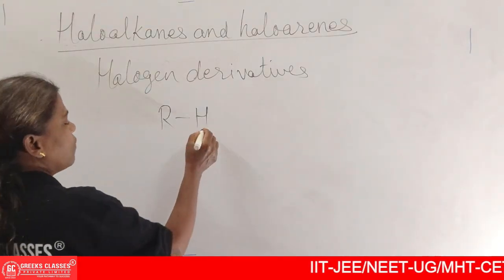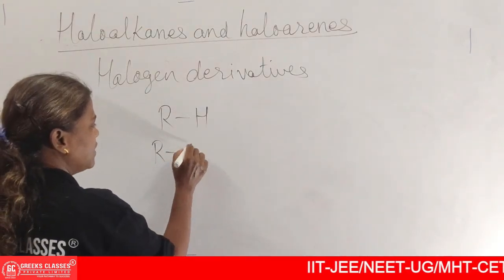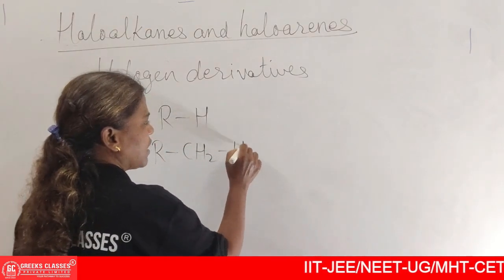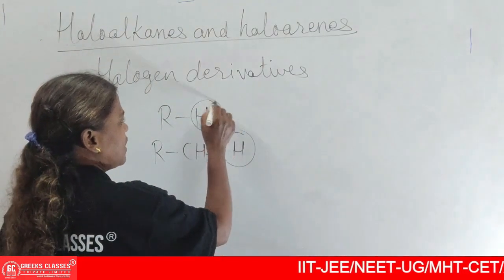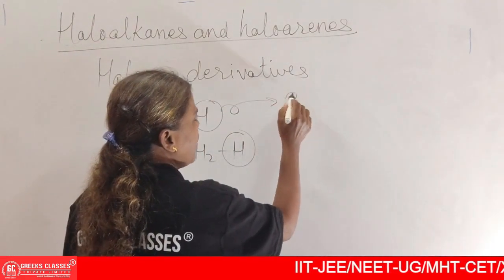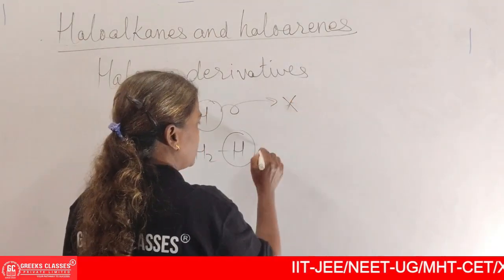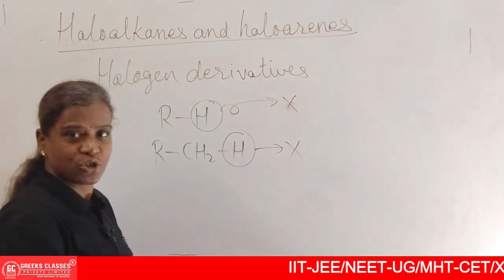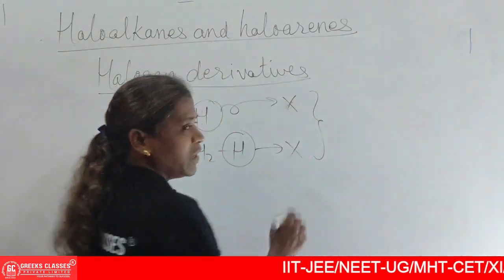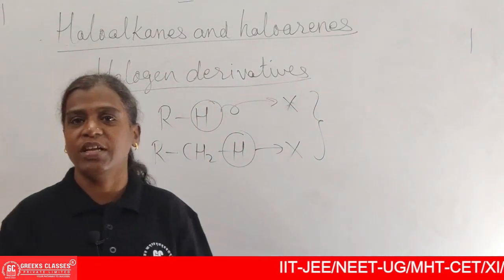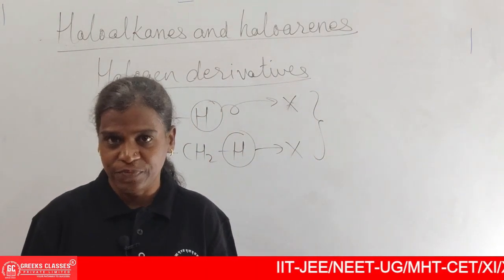So if one of the hydrogens of this alkane is replaced by a halogen group, they are called halogen derivatives, meaning they are the halogen derivatives of alkane.